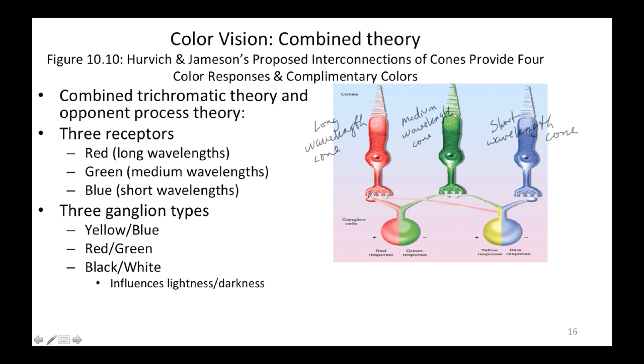And so that long wavelength cone is going to absorb that light, that long wavelength light from the red flower petal, and it's going to go here to this ganglion cell. And the ganglion cell is going to react by being excited by the long wavelength cone. And so it's a ganglion cell that is excited by red, but it's inhibited by green.